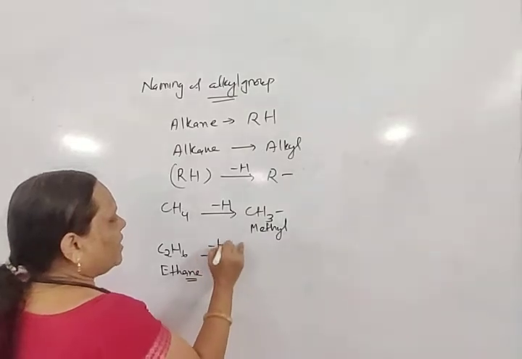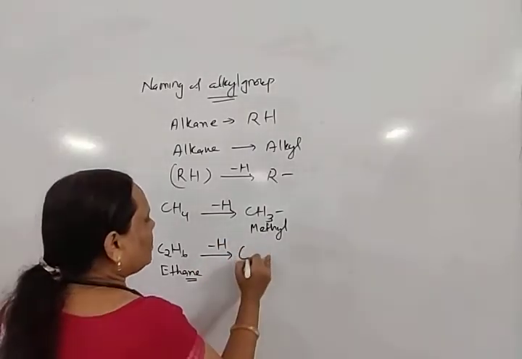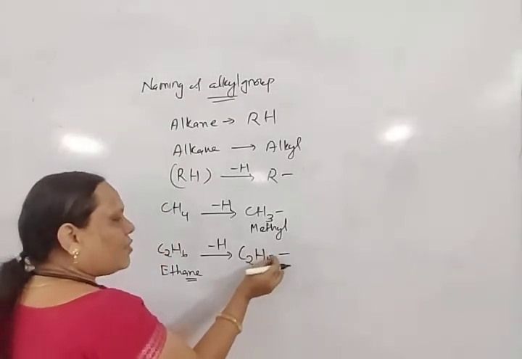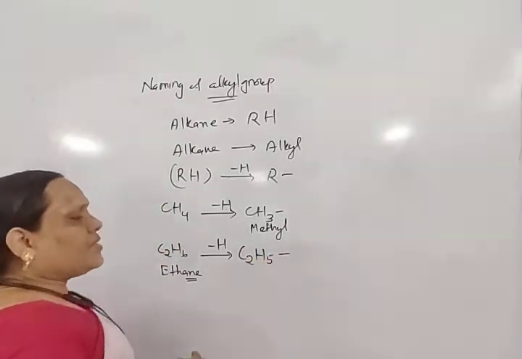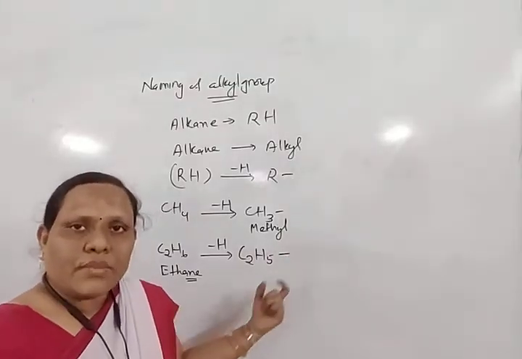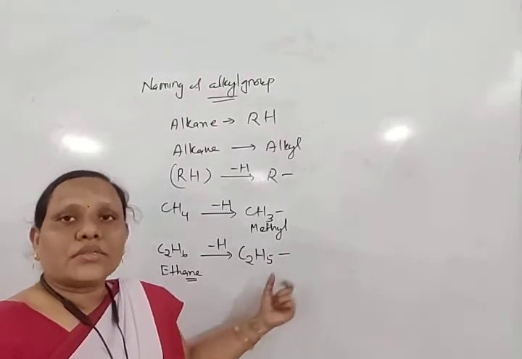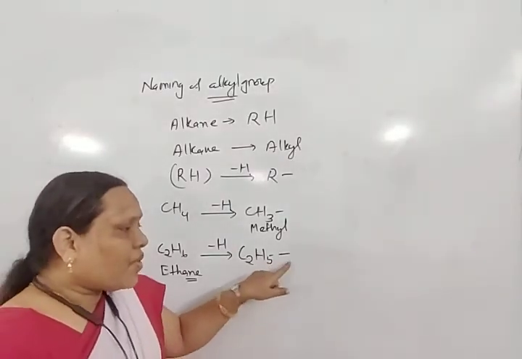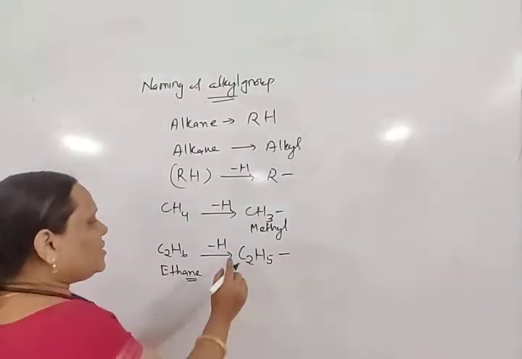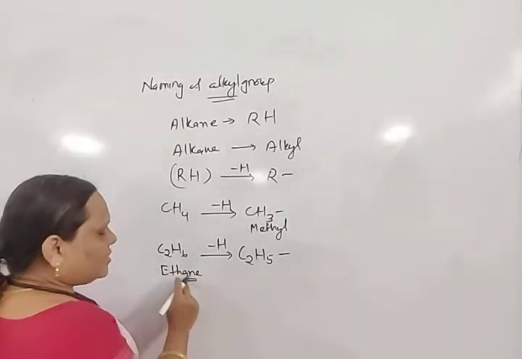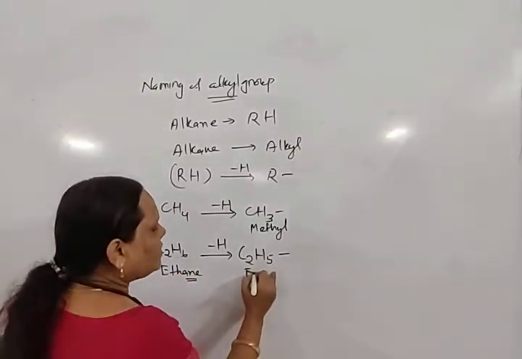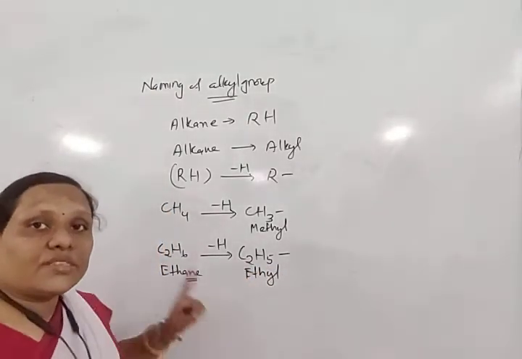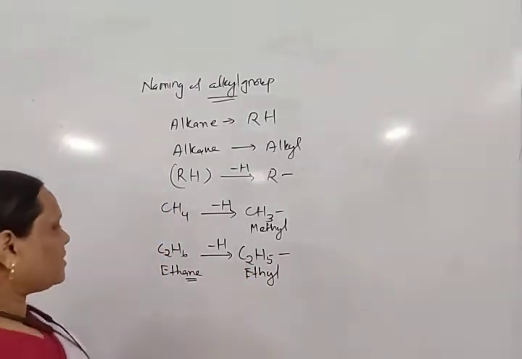Minus H, this is C2H5, and a bond line is shown because hydrogen is removed and some other atom or substituent may join there. So from ANE, it is replaced by YL. So this is ethyl. And spelling is very important in organic chemistry.